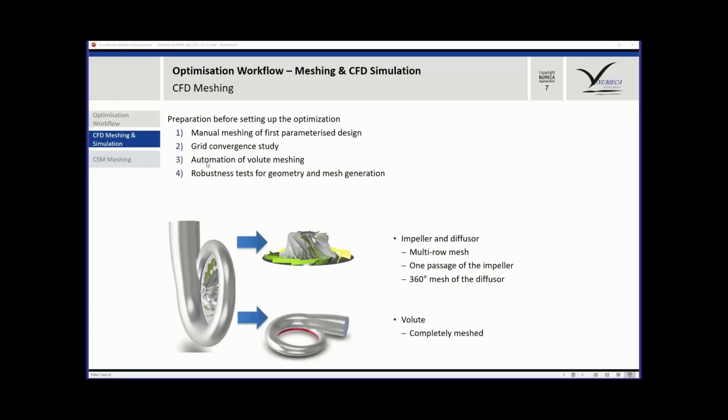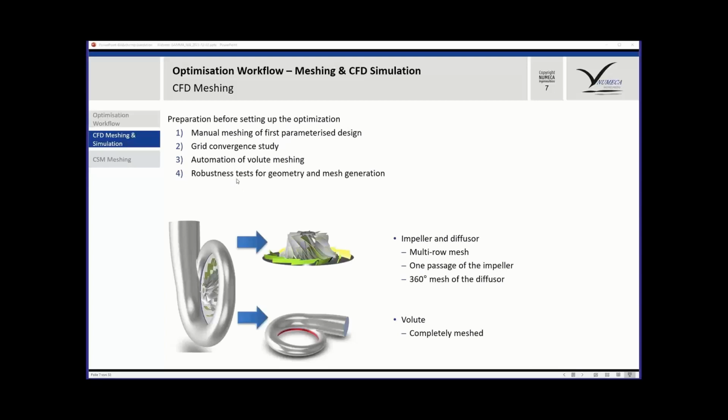Part 3 is just a simple sentence, automation of volute meshing, but it was really, I would say, a major part of that project to make a volute, to mesh a volute automatically, robust over the whole design space in a structured way. I come to that later. And at the end, we run robustness tests for the geometry and the mesh generation.